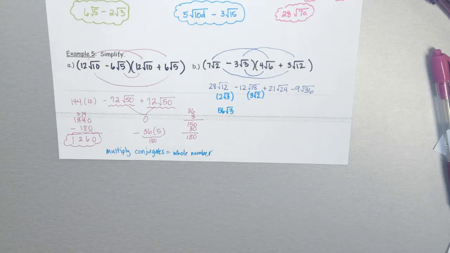Okay, I'm going to give you another moment now to simplify and write out what those are simplified, okay? All right, so you have negative 36 root 2.